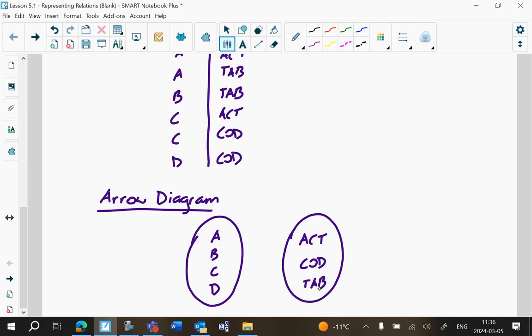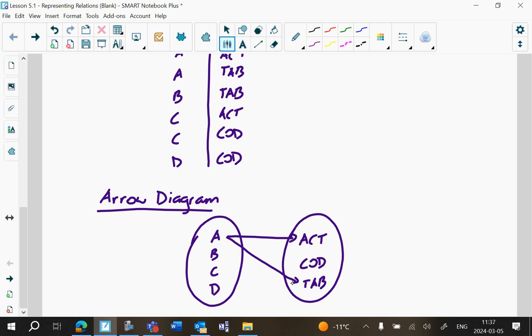What we do here is we do arrows. So A appears in act, so I draw an arrow from A to act. I also draw another arrow from A to tab because it appears in 2 elements in the second set. So I'm going to have 6 arrows.